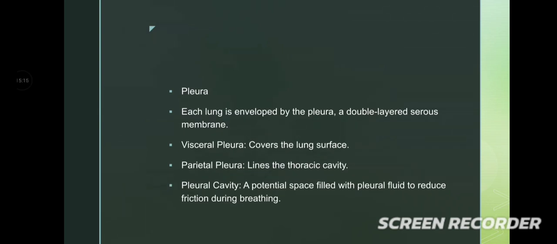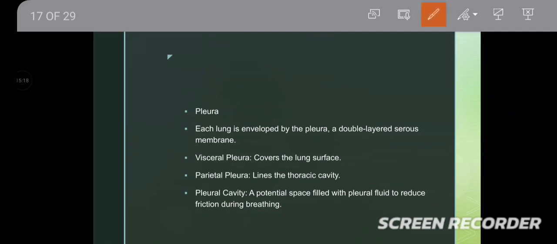Then just covering the lung. So if this is our lung, there's a layer just above it. In fact, it is a membrane with 2 layers. This membrane, the inner layer, is called the pleura.